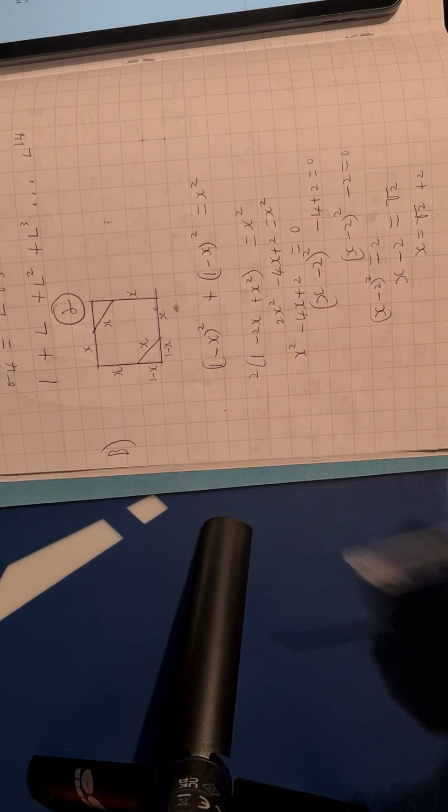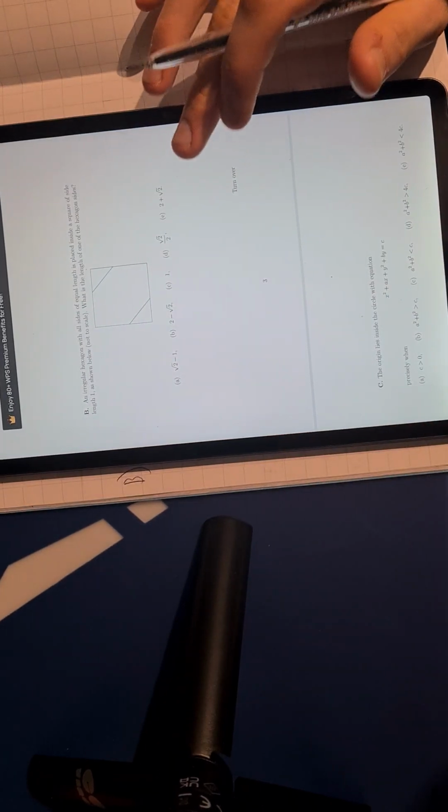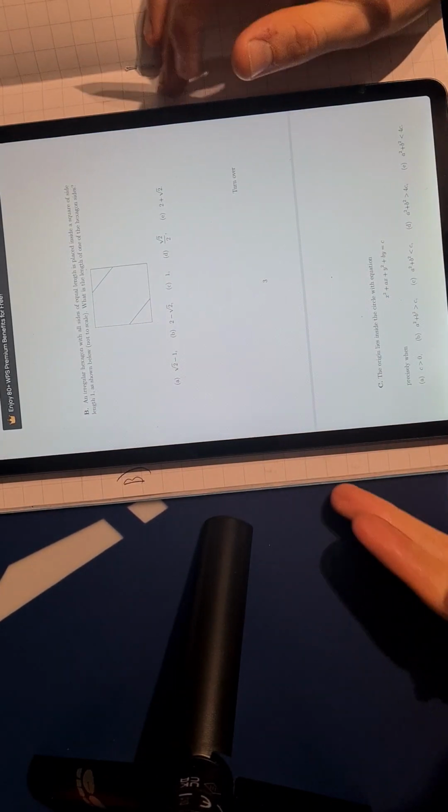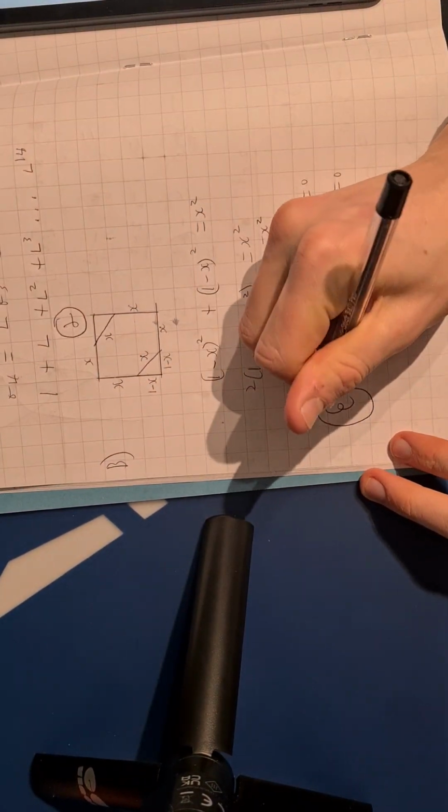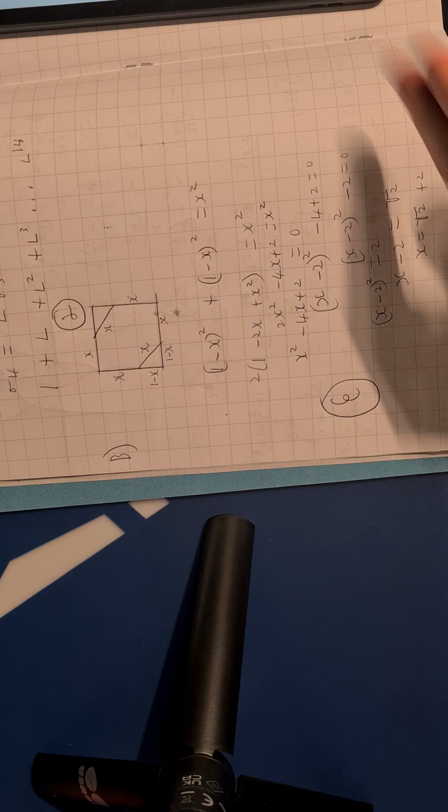Which is, if we look on here, you have E is 2 plus root 2, which is obviously the same thing. So I think our answer here is going to be E. So yeah, we'll just put a big circle around E there.